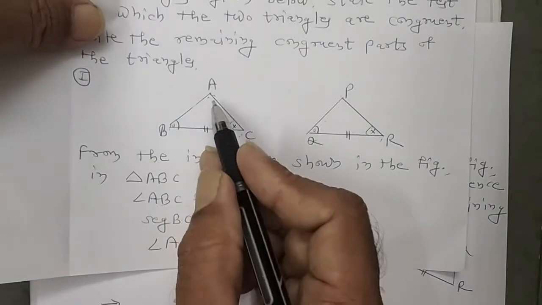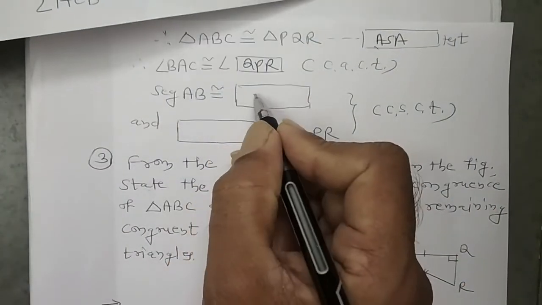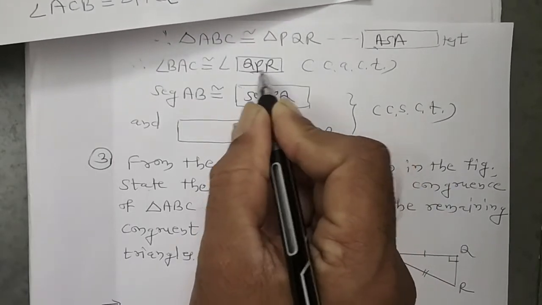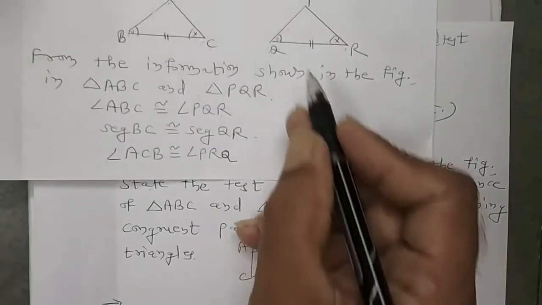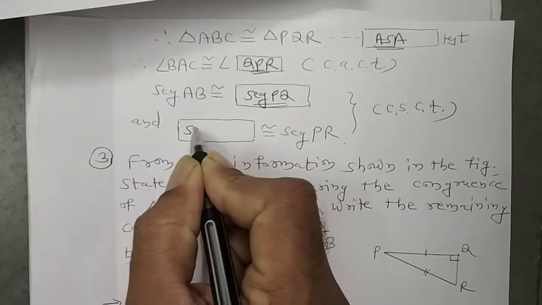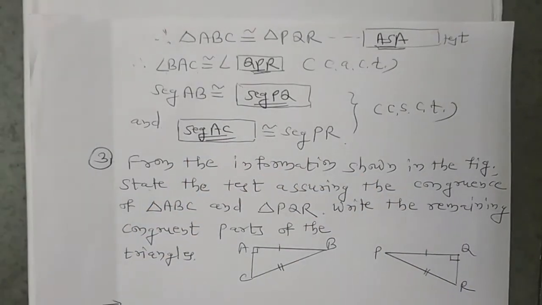Segment AB congruent to segment PQ, and segment PR congruent to segment AC. This is the second example.